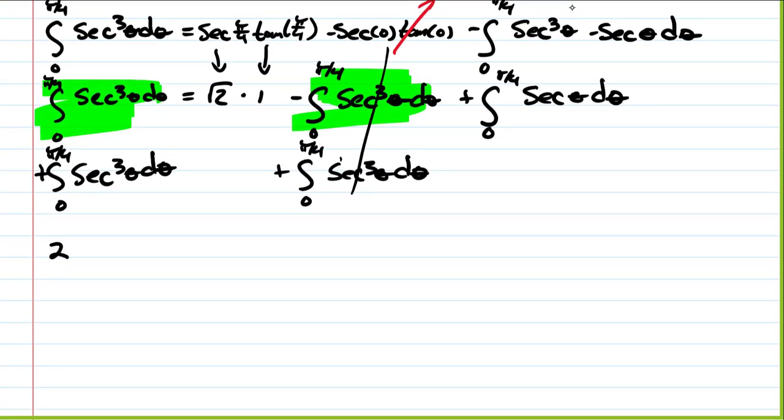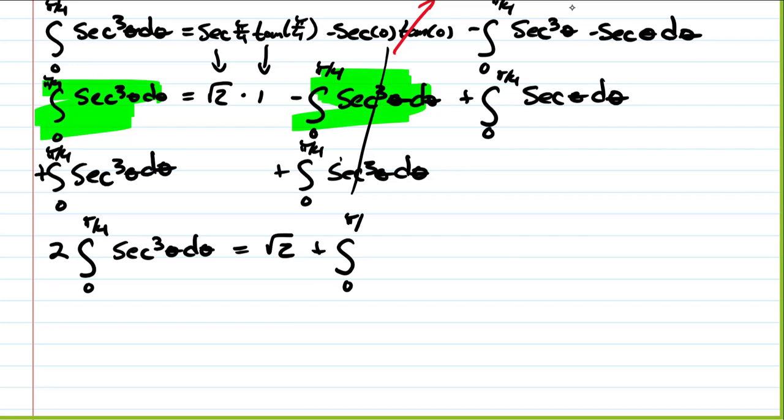So I get 2 times the integral from 0 to pi over 4 of secant cubed theta d theta is equal to the square root of 2 plus the integral from 0 to pi over 4 of secant theta d theta. So now, what is the antiderivative of secant theta d theta?